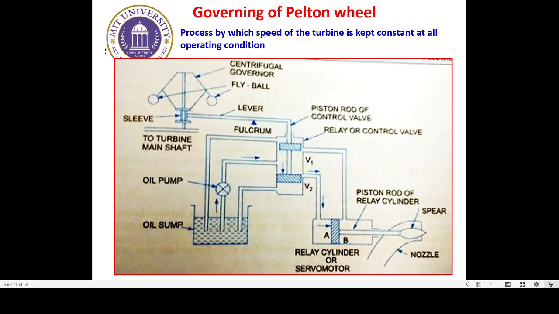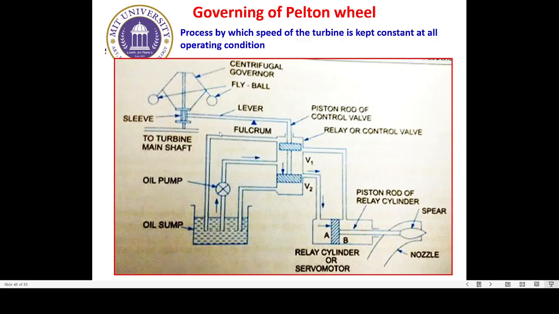They move upward, away from the center, due to the increased centrifugal force. Hence, due to the upward movement of these flyballs, the sleeve also moves in the upward direction.